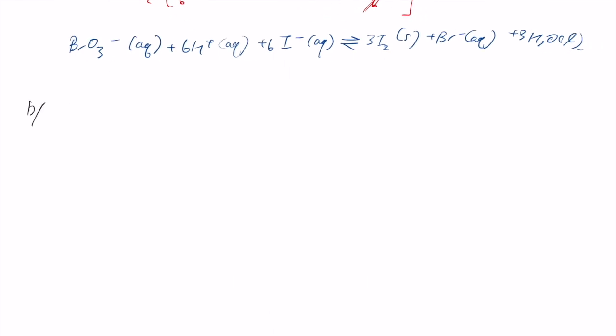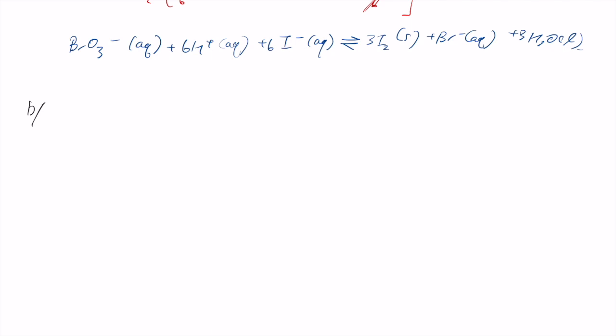So now B. Let's see what B is all about. We actually did this question before in our electrochemistry unit, but we'll do it again. The change in the free energy for the reaction under standard conditions, the change in Gibbs, is negative 514 kJ at 298 K. Determine the value of the cell potential in V for the reaction using section 1 and section 2 of the data booklet.